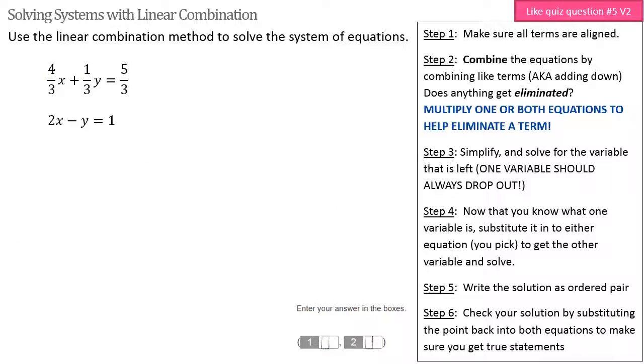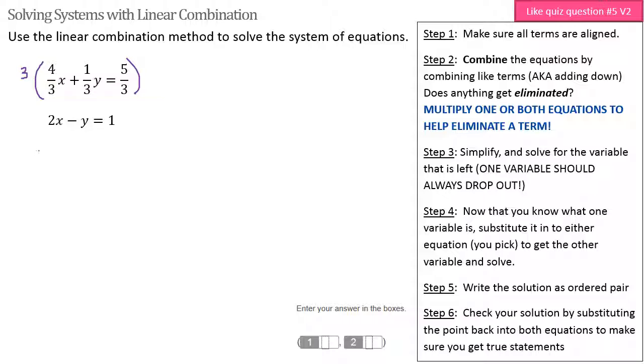Now let's finish up with quiz question number 5, version 2. We're going to do the same thing. We're going to use linear combination to solve our systems of equations, and we have to use that fraction buster. For the top equation, we first need to multiply everything by 3.